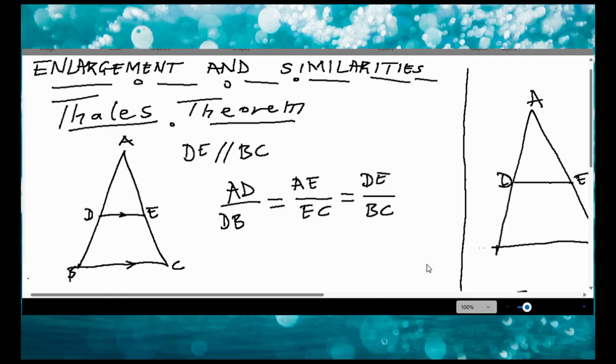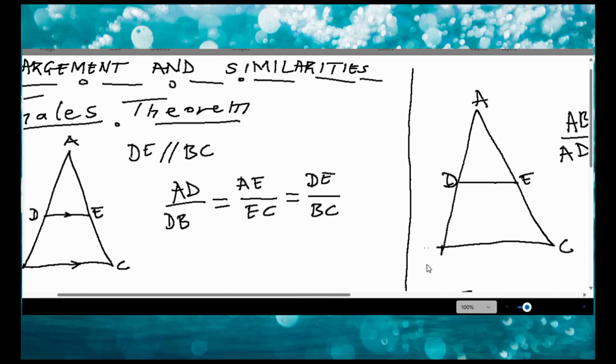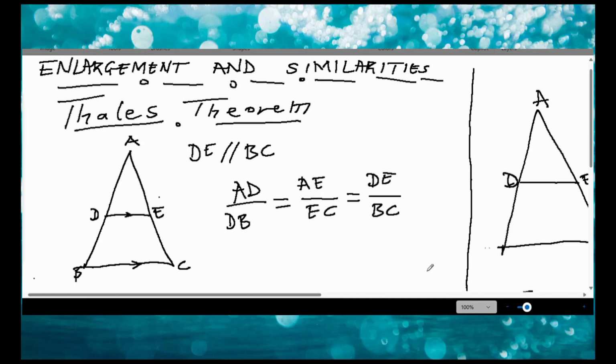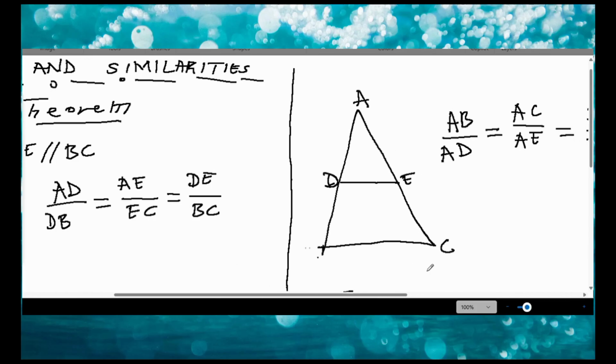Now, what if the triangle is of the same format, but you were not given information concerning the image and the object, and you don't really have anything indicating DE and BC being parallel? Then what are you going to do? You can still apply the Thales Theorem in such situations.